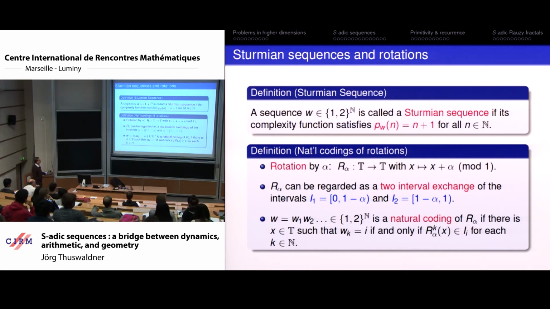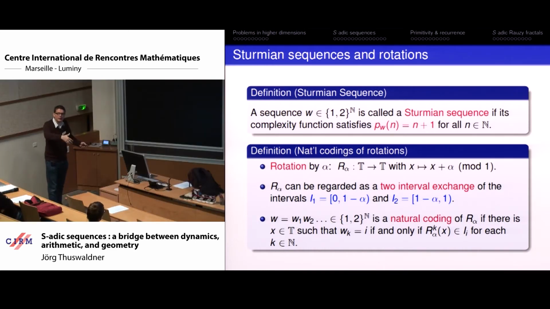Now, what is a natural coding of such a rotation? You start with some point x on the torus, on the glued unit interval, and you hit it with the rotation. Then you get x, x plus alpha, x plus 2 alpha, x plus 3 alpha, and always you make sure that your values are taken modulo 1.